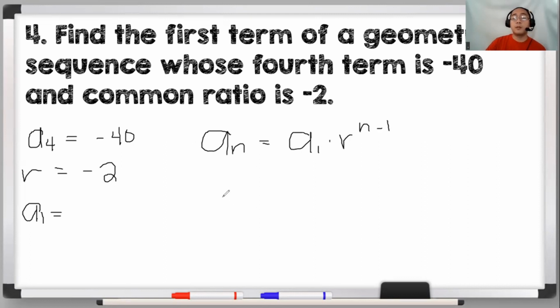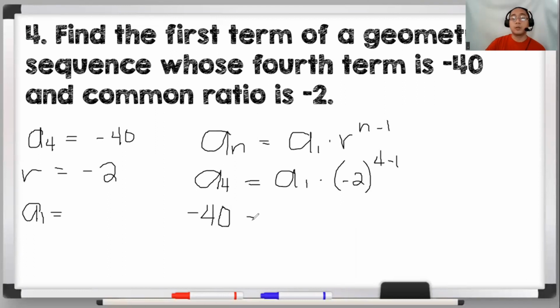So we'll be using a sub n, which is a sub 4, because we have already the value of a sub 4. Then a sub 1 times r, which is negative 2, raised to n minus 1, where n is 4. Take note, a sub 4 has a value of negative 40. All you need to do is replace that one. So let us substitute.